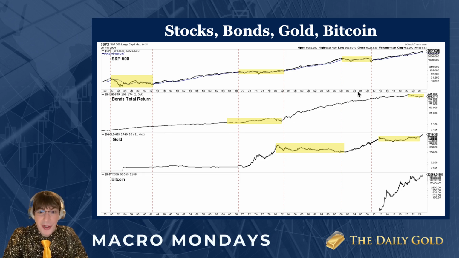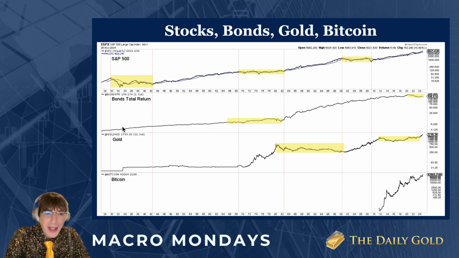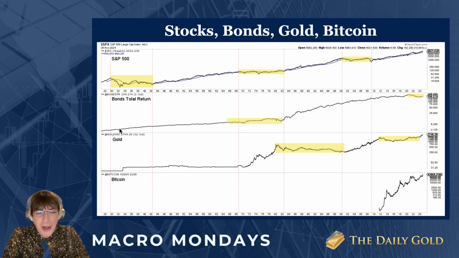Same thing in this period, 2000 to 2009, 2011, depending on how you measure it. But here in the inflationary 60s and 70s, this was a secular bear in bonds. So from a big picture secular trend sense, gold is more uncorrelated to the stock market than bonds are.